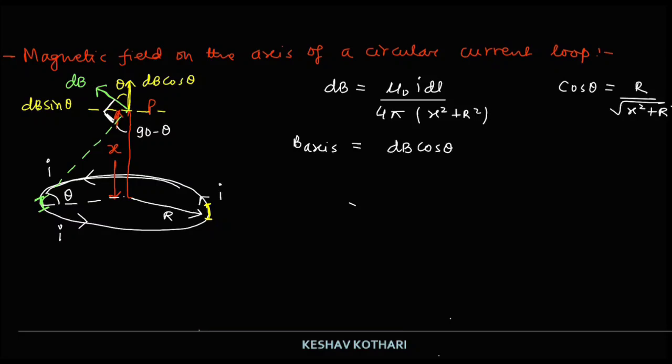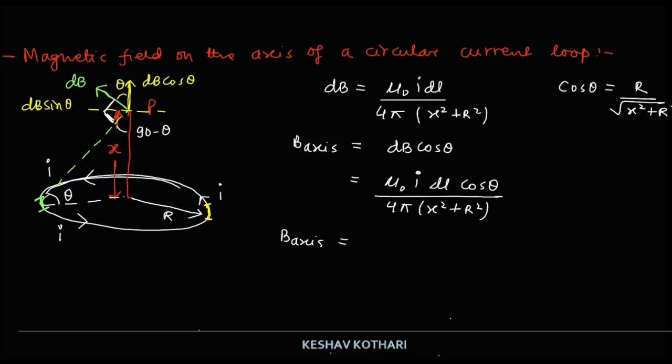So if I put the value of dB, we are left with mu naught I dl cos theta upon 4 pi x square plus r square. If we integrate this expression, we will get the value of magnetic field on the axis.